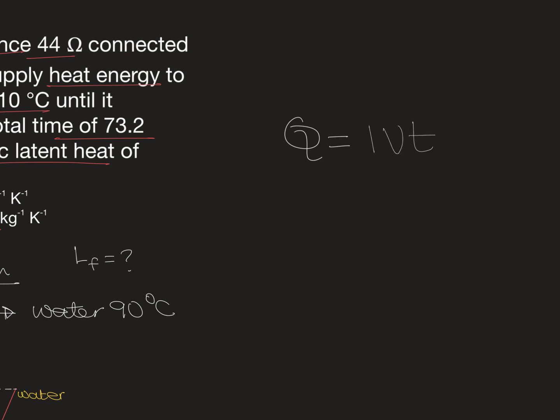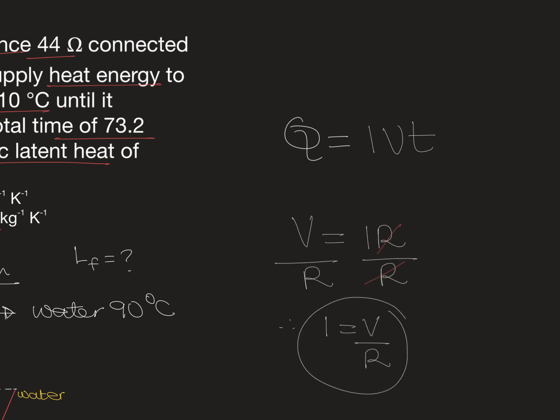Okay, but the current is not given. We know that from the formula, voltage is equal to the current times the resistance. So if I want to find the current, I will divide both sides by the resistance, right? So this will cancel this. Therefore, the current is equal to the voltage divided by the resistance.